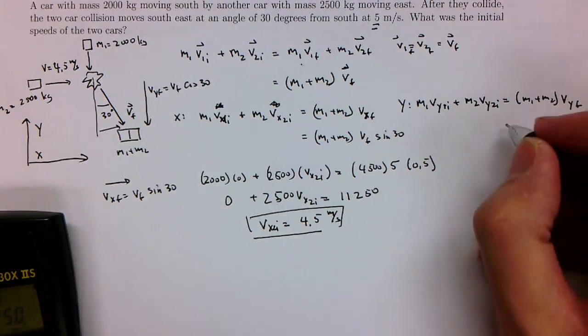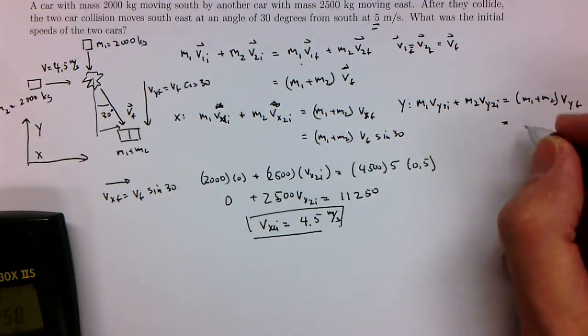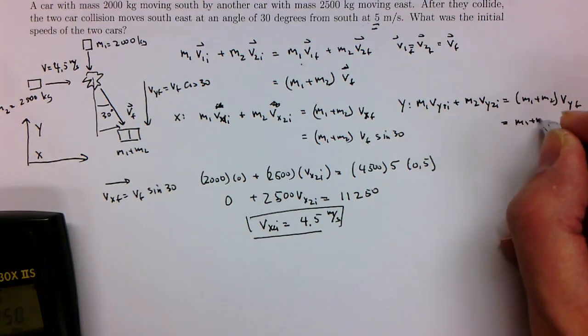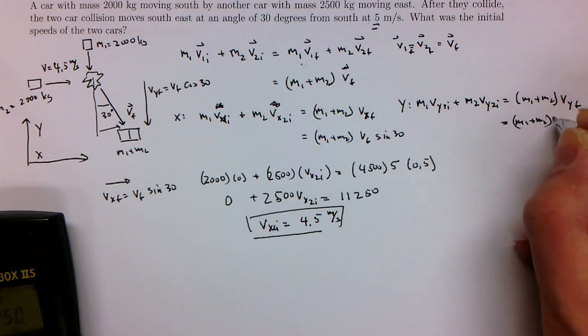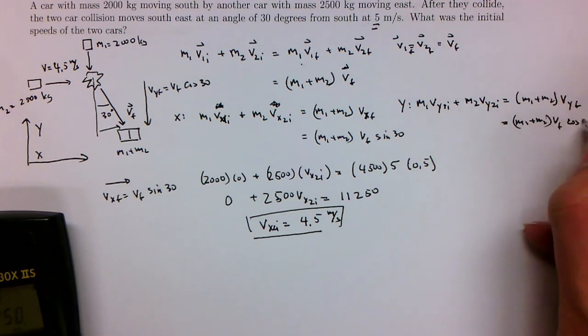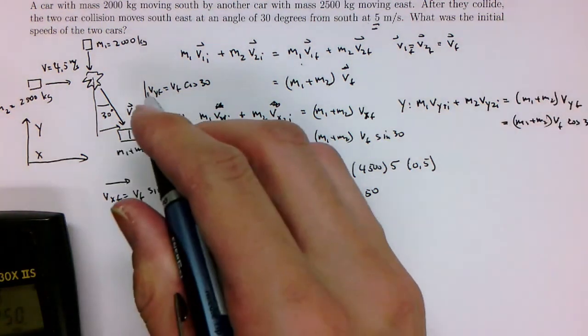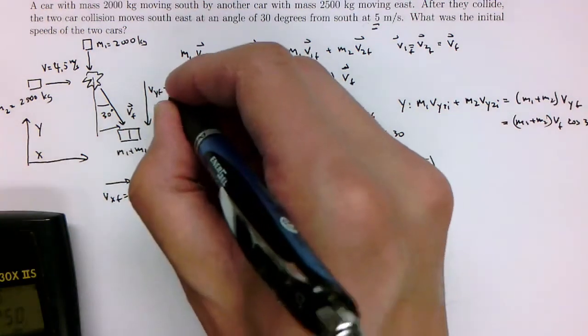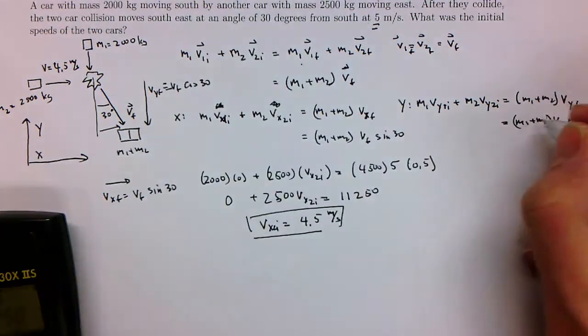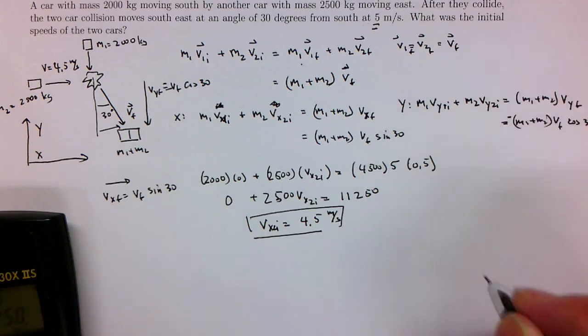We know what Vy final is going to be already: it's M1 plus M2 times Vf cosine of 30. Now this is in the minus y direction, so there should be a negative sign here, and so this overall thing should be negative as well.